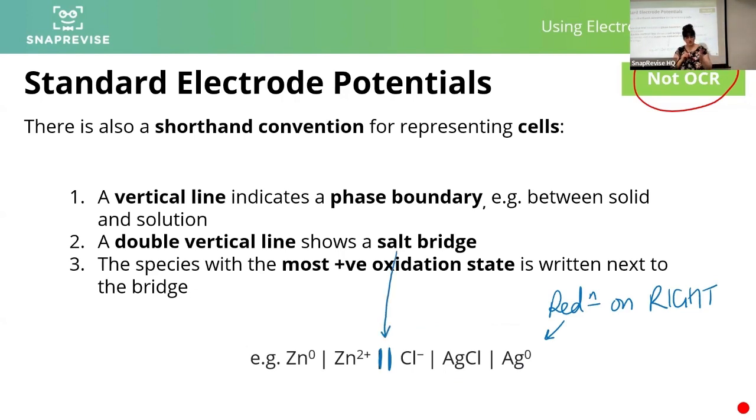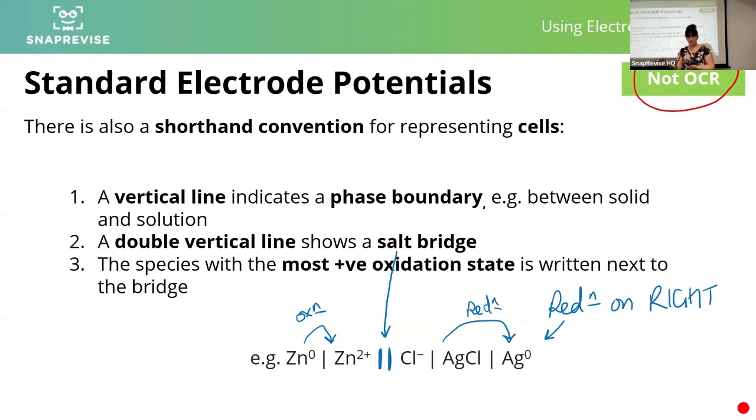Salt bridge. So reduction is written on the right, the oxidation half cell is written on the left, and then you just read it like you do a book, like you do paper, from left to right. So if this has got to show oxidation, I have to show oxidation reading from left to right. And if this has got to show reduction, I have to show reduction reading from left to right. I know that there are technically other things to think about and other things to remember, but all I'm doing is reading from left to right.